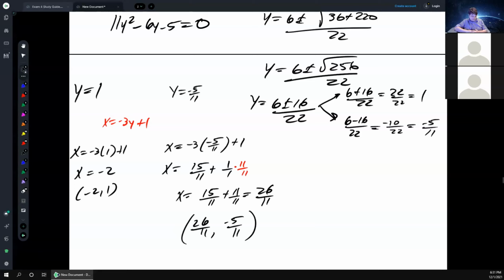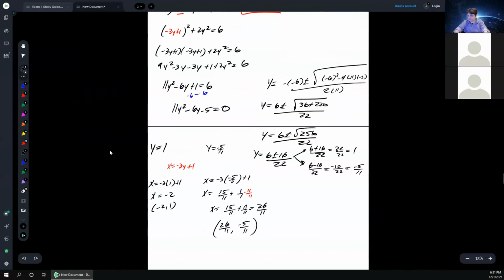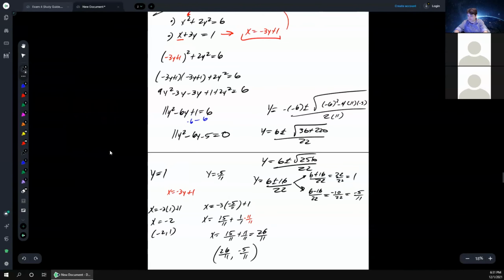Alrighty. Questions on this example, anybody? Let me take a second, kind of zoom out. Yeah, there we go. Full problem on here.